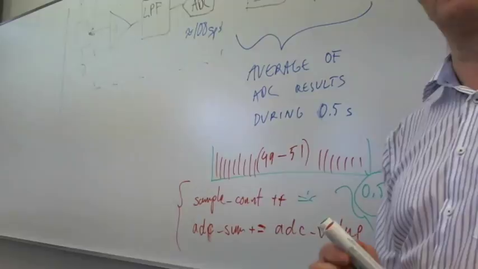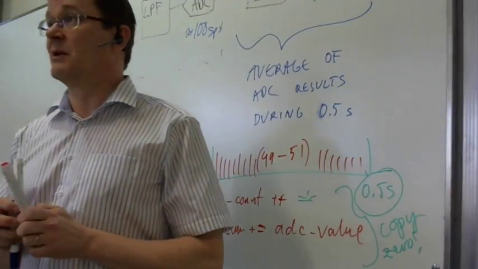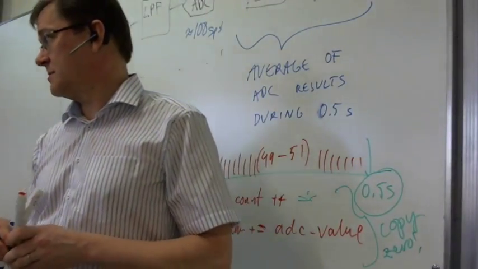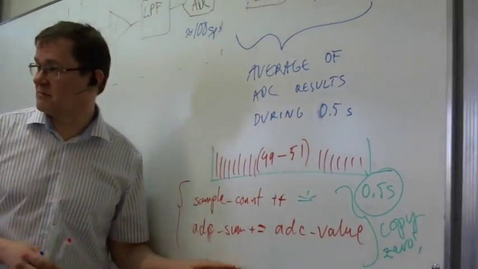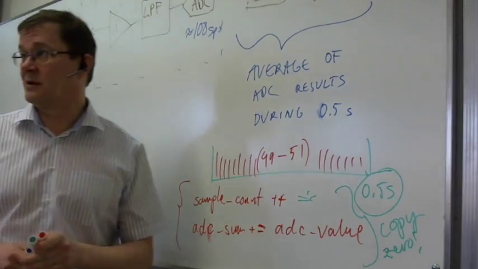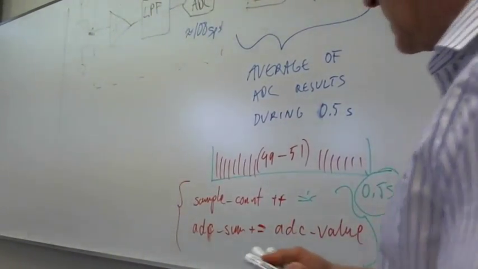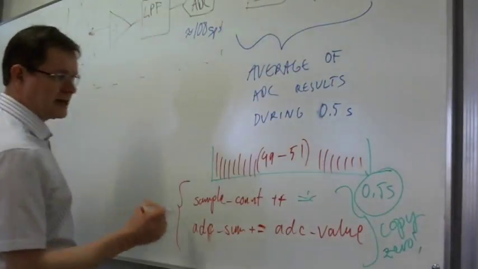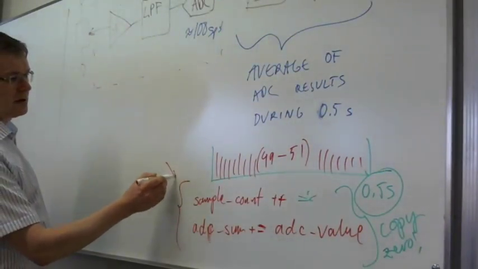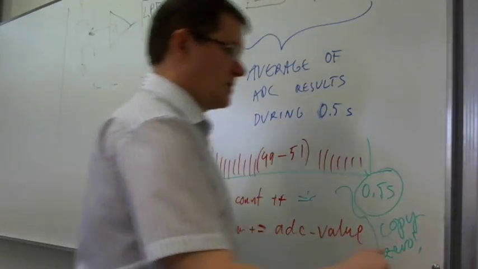The only speeding up component there is that it has a MAC, multiply accumulate unit, which probably helps here without you knowing it. Okay. So that happens 100 times per second, and this happens 2 times per second.